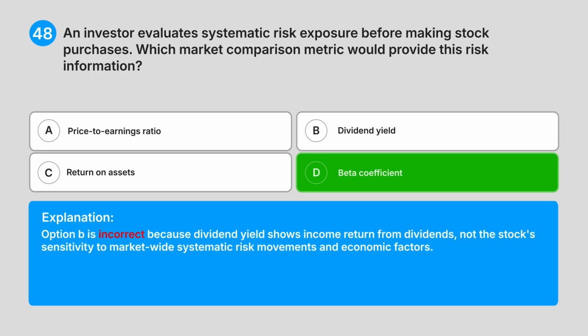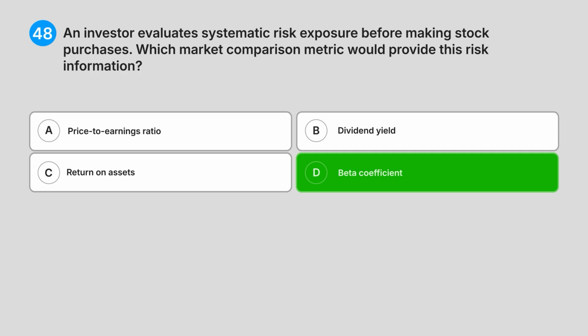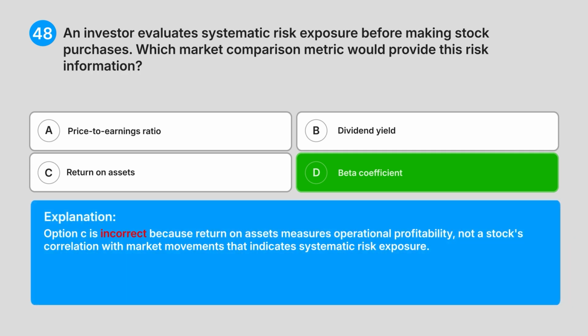Option B is incorrect because dividend yield shows income return from dividends, not the stock's sensitivity to market-wide systematic risk movements and economic factors. Option C is incorrect because return on assets measures operational profitability, not a stock's correlation with market movements that indicates systematic risk exposure.